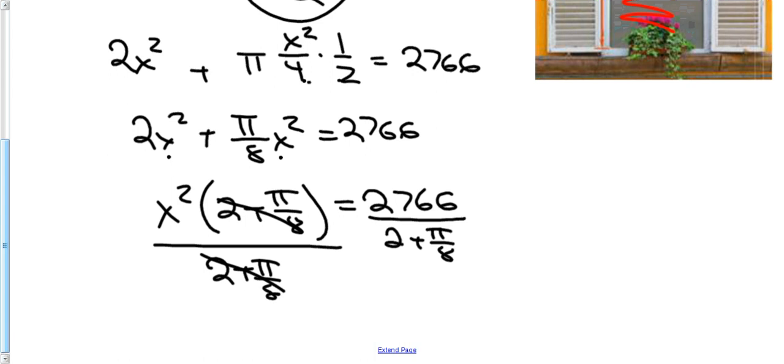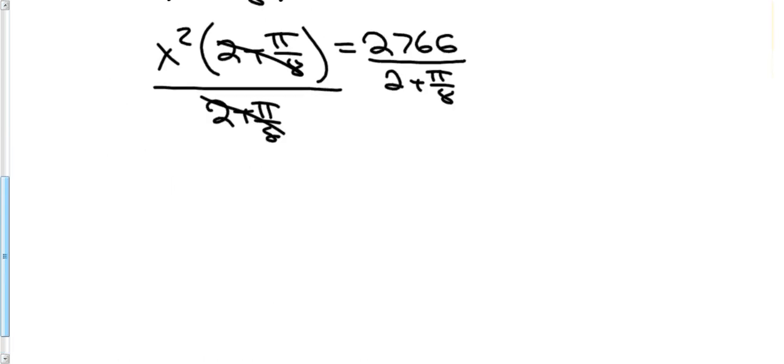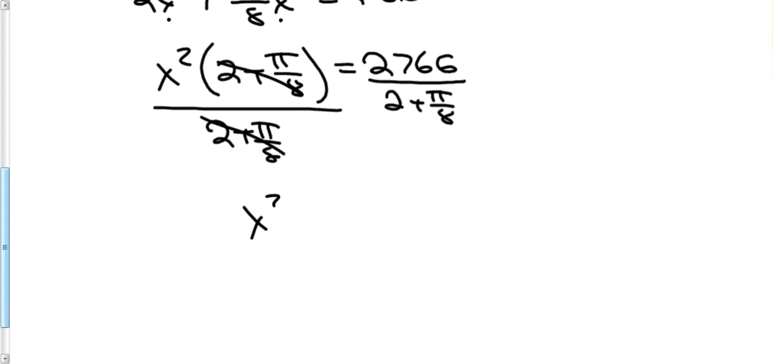And now, all we need to do is plug that into a calculator. x squared is going to be equal to 2766 divided by 2 plus pi divided by 8. And right out of my calculator, I get that x squared is going to be 1156.